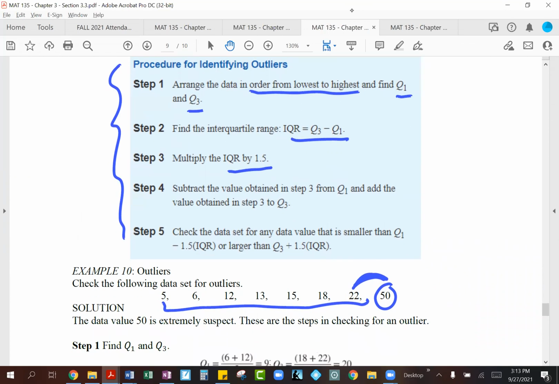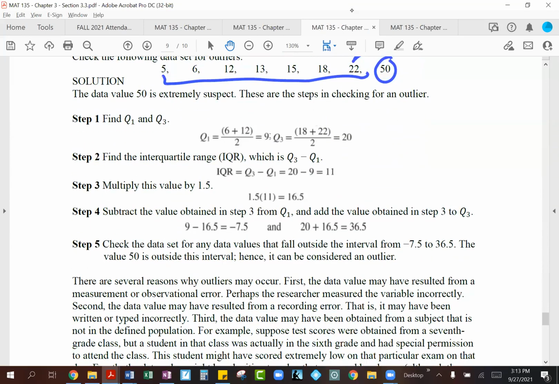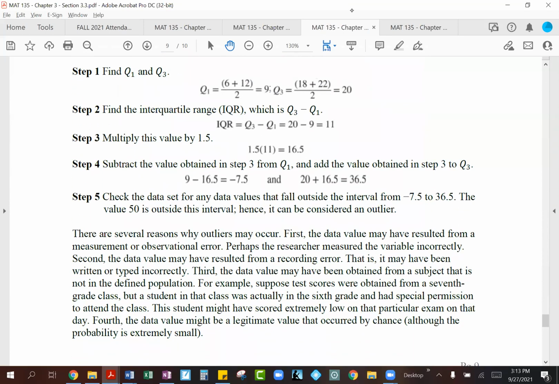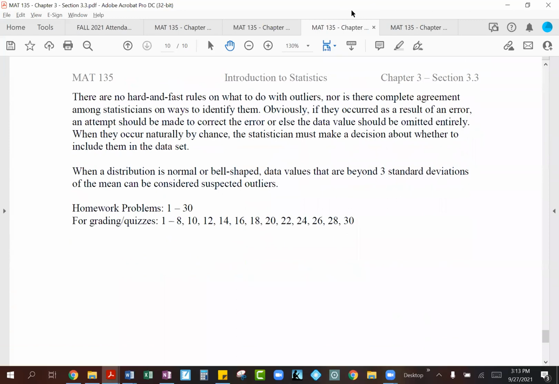Then they're talking about subtracting this value from your Q1 and adding it to Q3, quartile 1 and quartile 3. And then you have to do a little comparison at the end to see if all your data values fall within this range or if they're going to be outside it. If it's outside it, then we say it's an outlier. So in this case, number 50 is definitely an outlier.